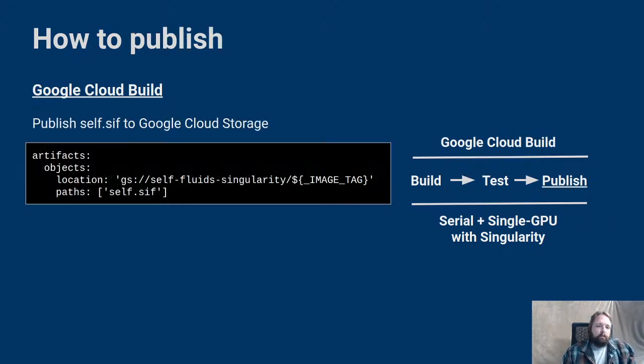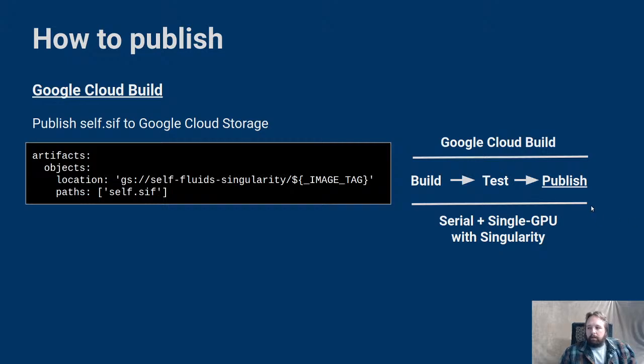So the last bit here, of course, now that we're not doing Docker containers, we can't just add the images block to our Cloud Build file because what we're creating as part of the build process is a Singularity image, not a Docker image. But we can still publish that image somewhere. We can actually put it into a Google Cloud Storage bucket.